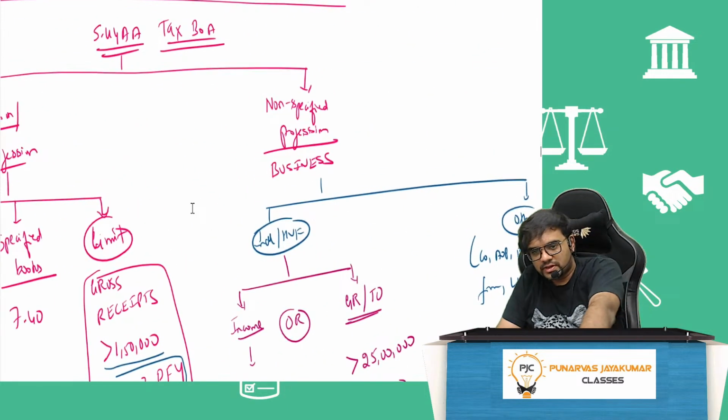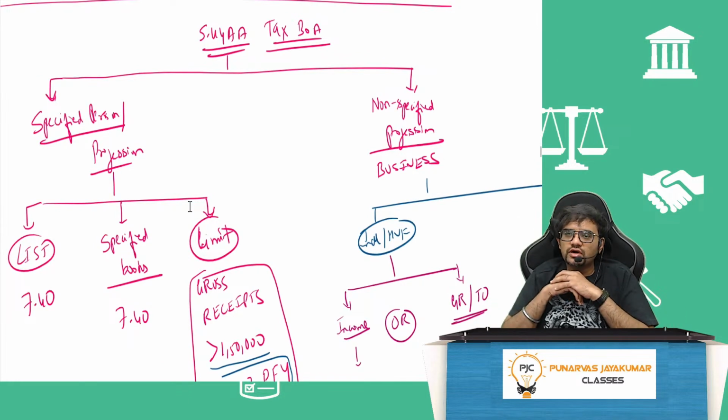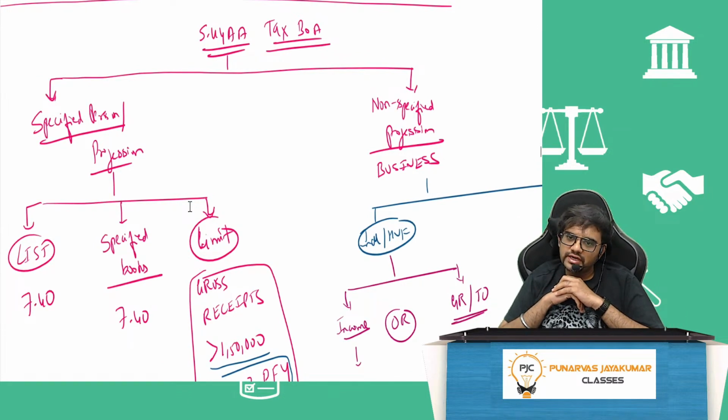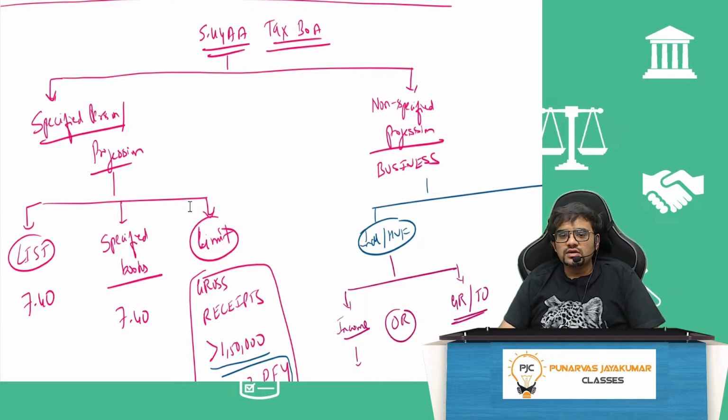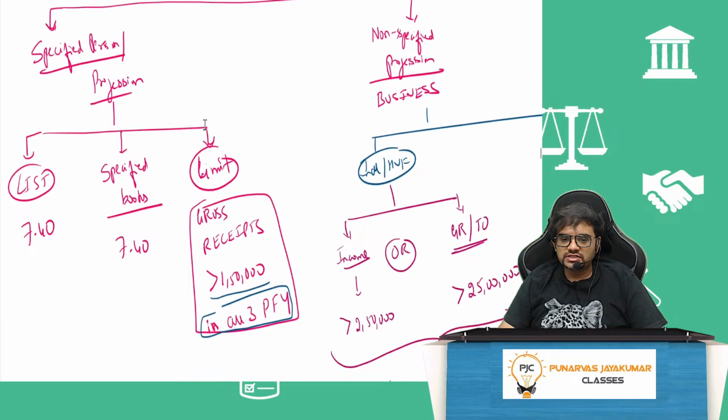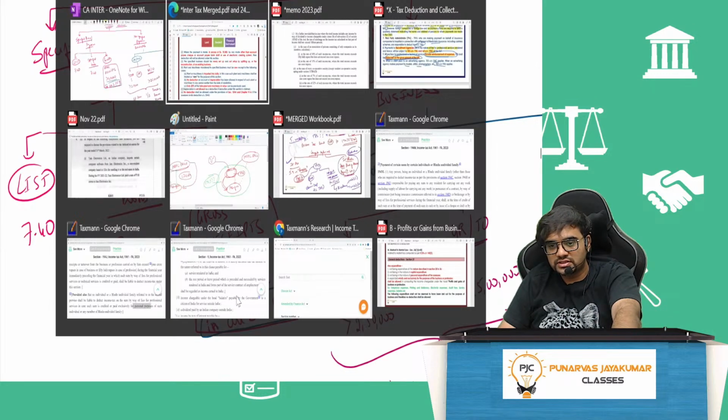Next, last part, maintenance of accounts and tax audit and presumptive taxation. Hardly anything, 10-15 minutes, we'll finish it off. 44AA: tax books of accounts have to be maintained by a specified person or specified profession. What is a specified person? Very simple.